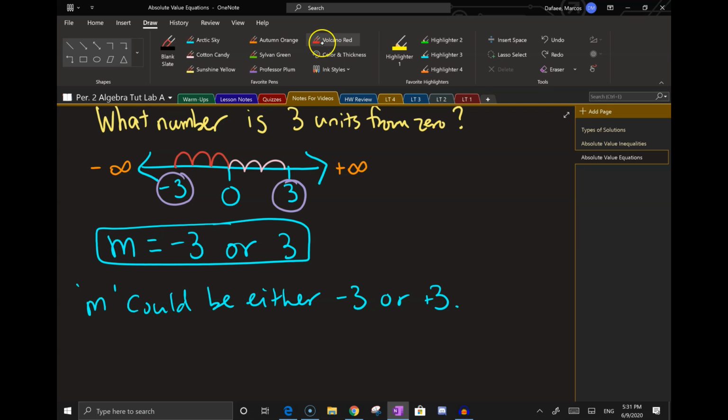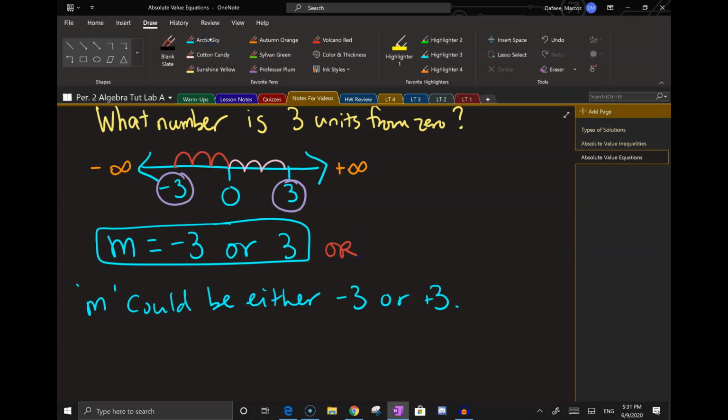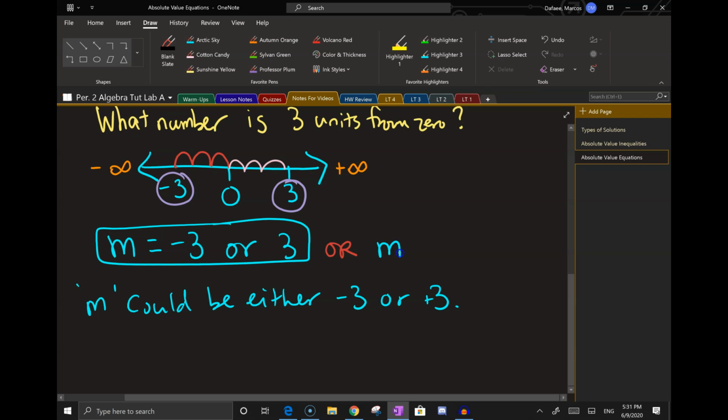Now, in algebra, there is a shortcut way of writing this. You could abbreviate the answers. Since both -3 and +3 are inverses of each other, you could simply express this and say whatever m could be is positive or negative 3. And you can only do this when the answers for that variable are inverses of each other.